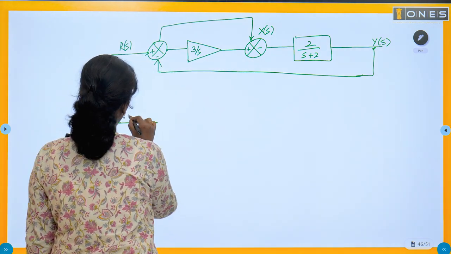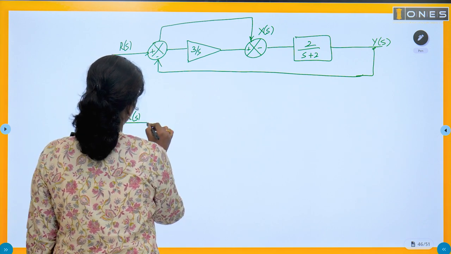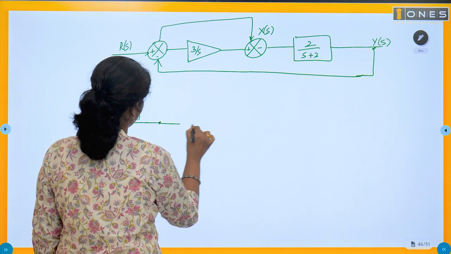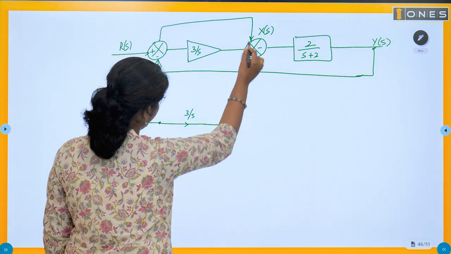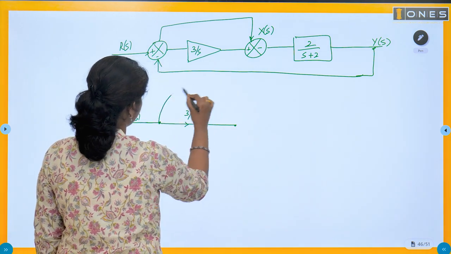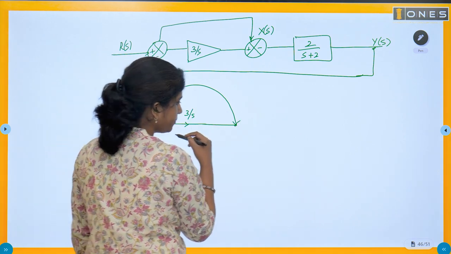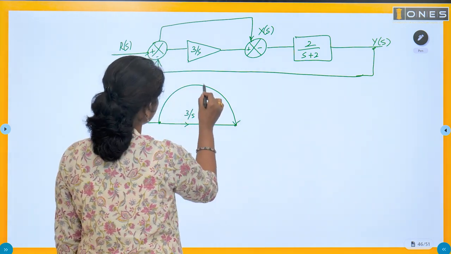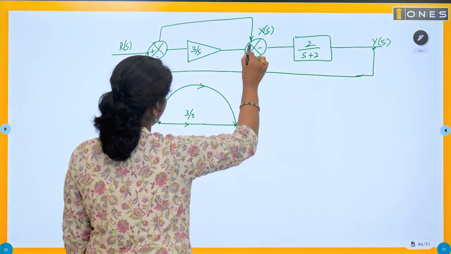Signal flow graph. So R of S is coming here. Okay, then we have a node here. Then we have a gain 3 by S. Again here we have a node. Okay, then this is a forward path. Here it is connected to minus.